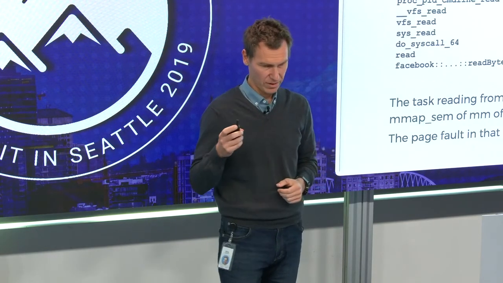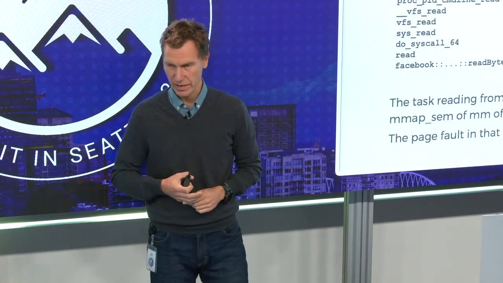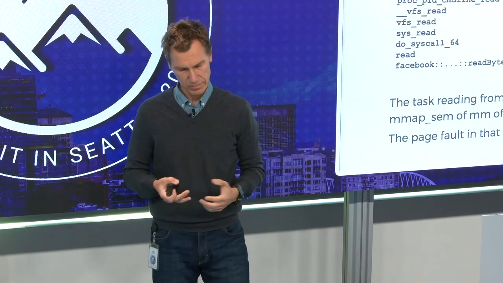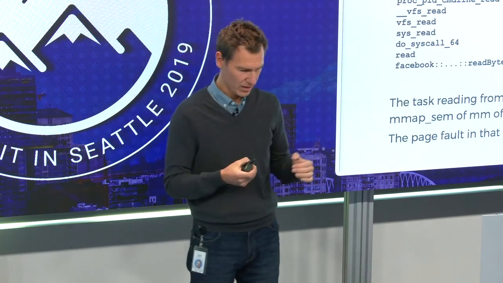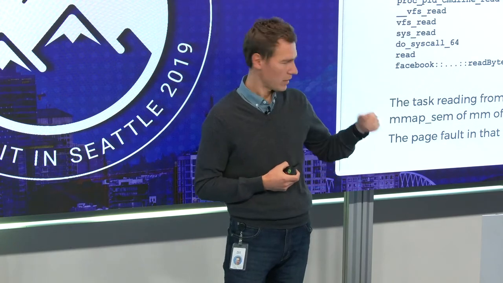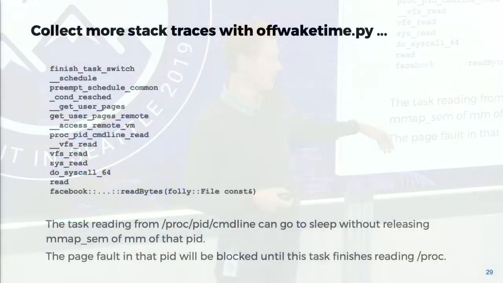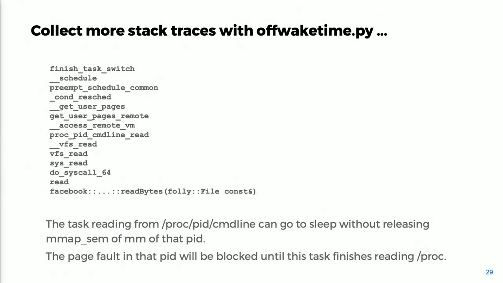Next step, another BPF tool, in this case, offwaketime. I guess we were lucky. So what you see here, the bottom of the stack trace is the user space code. Here it's reading the proc, goes into the kernel read system call, all the kernel stuff, and what's the most interesting is on top. Here you see the schedule call.